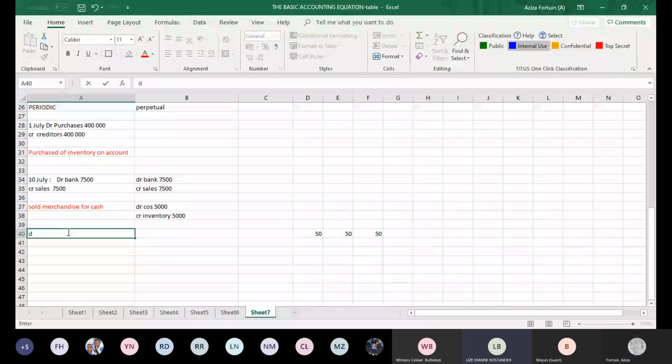That's for the periodic inventory system. And that is for 10,000. Okay, because if we debit the purchase, we have to credit the purchase returns. Okay, and on this system, on a perpetual, how would we account for that?